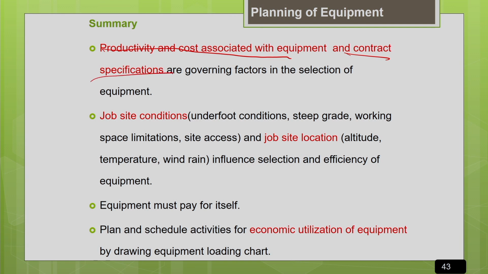Apart from that, your job site conditions and the job site location also will influence the selection of the machine to a greater extent. After selecting and purchasing the machine, we have to plan for its economic utilization, so we have also discussed resource constraint scheduling and how to use the equipment loading chart for the economic utilization of equipment.